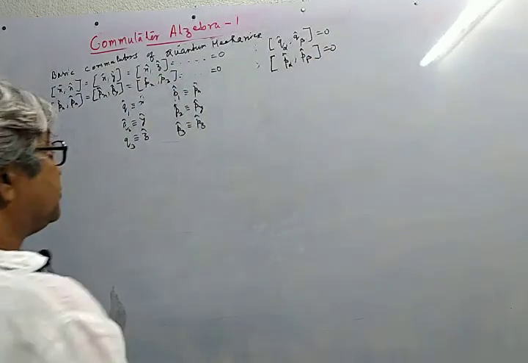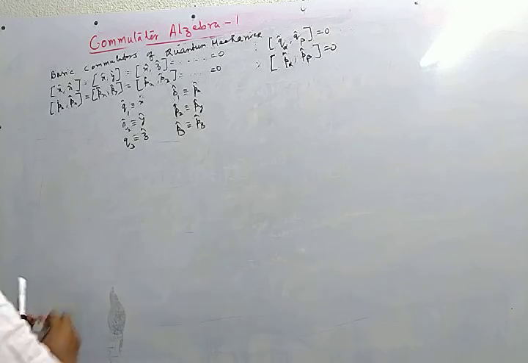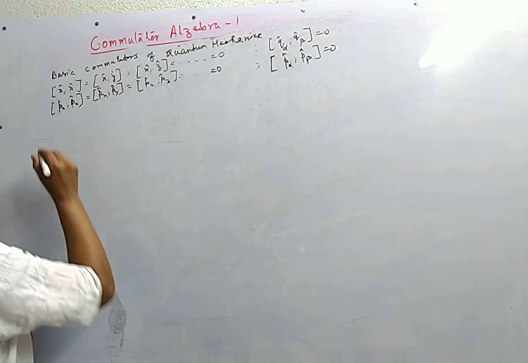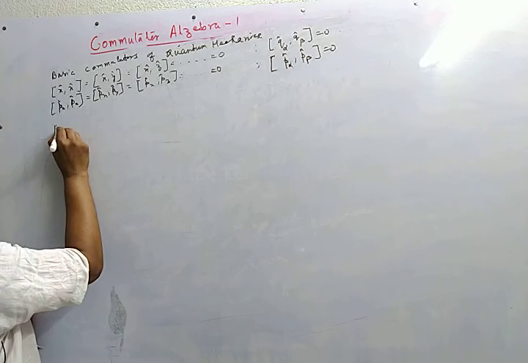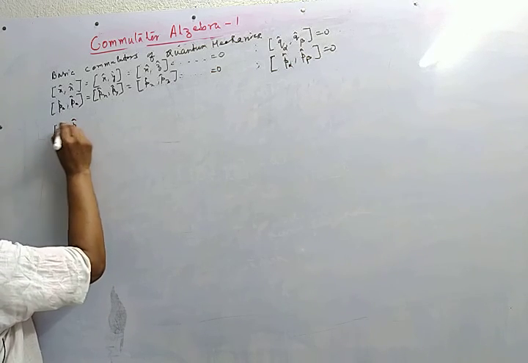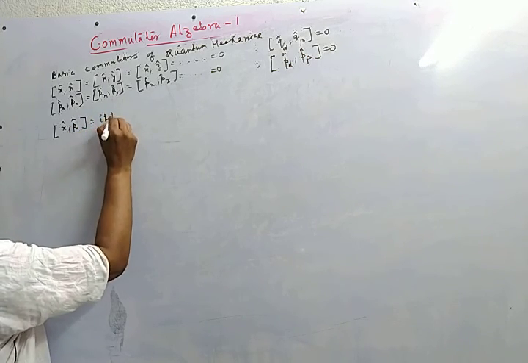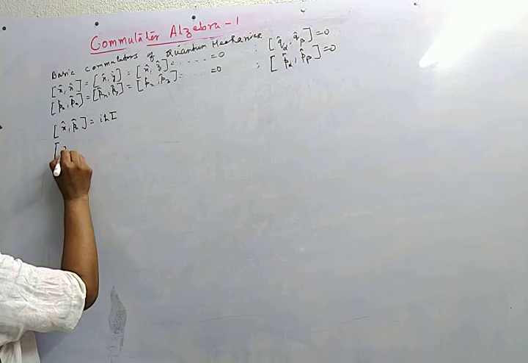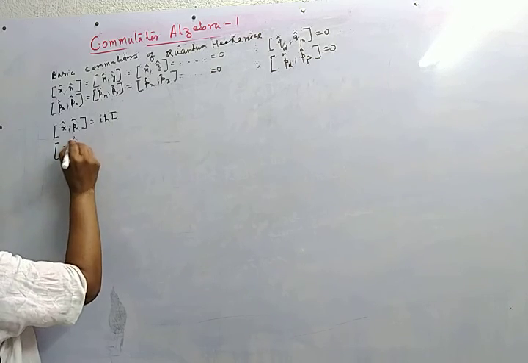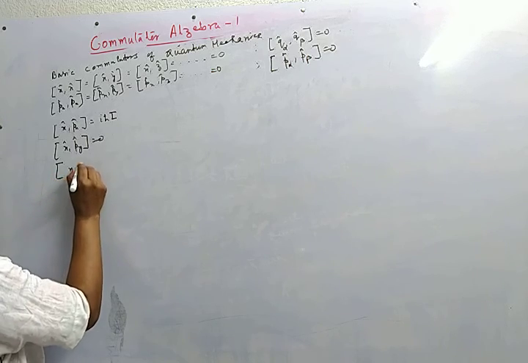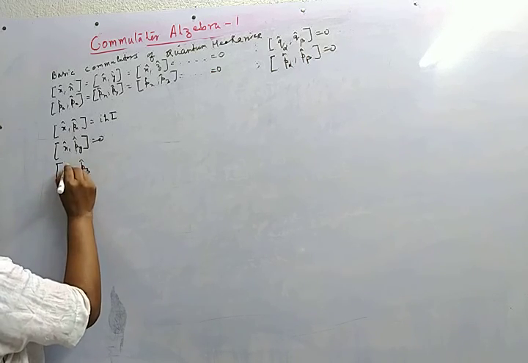Now we come to the most important basic commutator relation involving x and p. We know the commutator of x and px is equal to plus i h cross identity, x with py is equal to 0, x with pz is equal to 0.